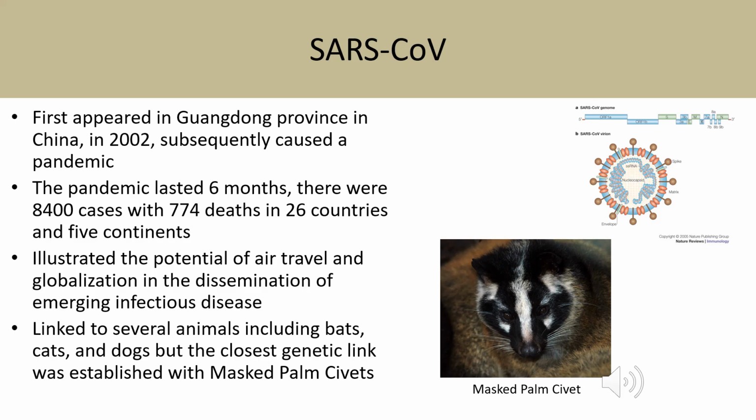Now, the SARS-CoV turned out to be a bat coronavirus that had jumped to humans, and the intermediate host was figured out to be the masked palm civet after some research, which is an animal that is also prevalent in China.